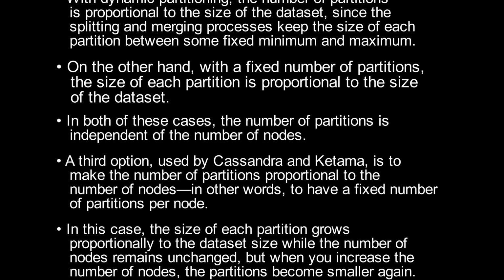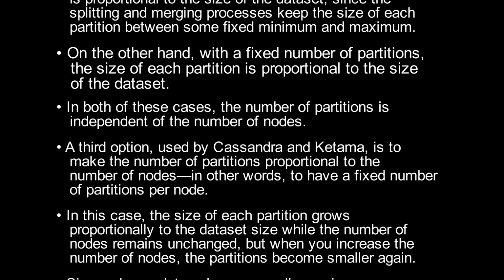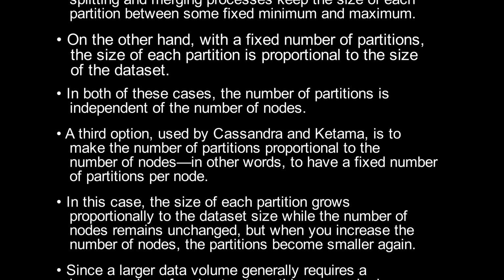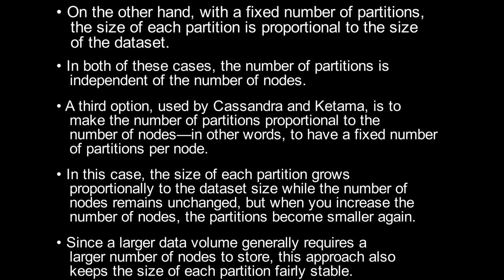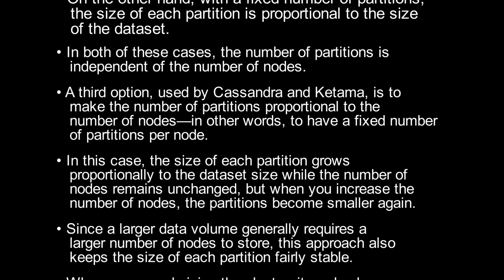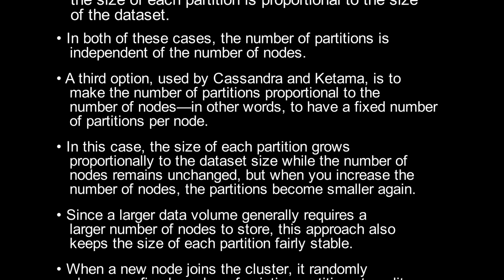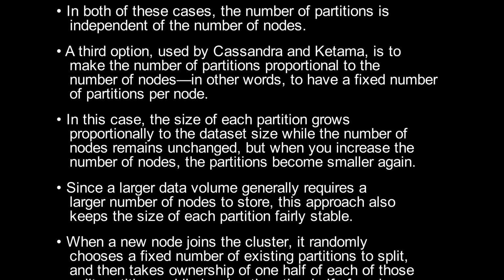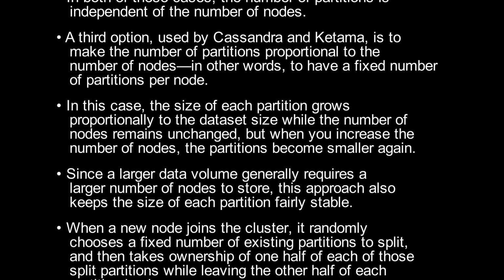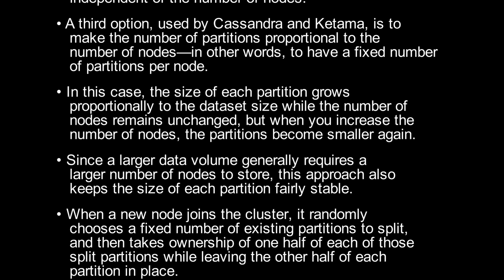In other words, to have a fixed number of partitions per node. In this case, the size of each partition grows proportionally to the dataset size while the number of nodes remains unchanged. But when you increase the number of nodes, the partitions become smaller again. Since a larger data volume generally requires a larger number of nodes to store, this approach also keeps the size of each partition fairly stable.